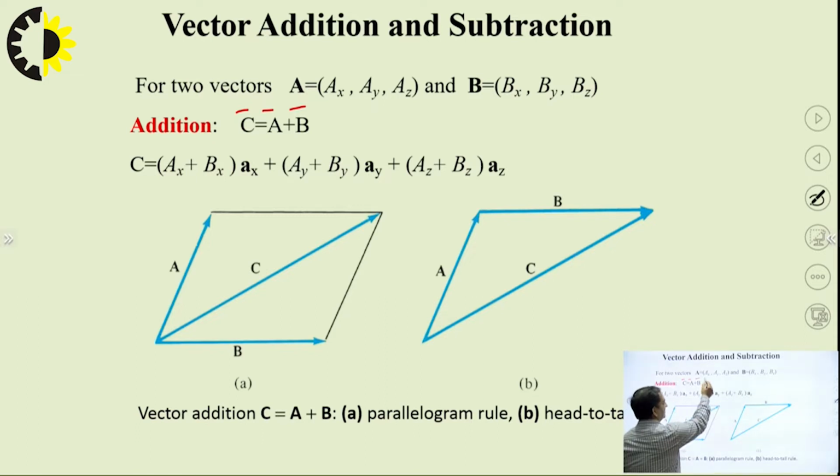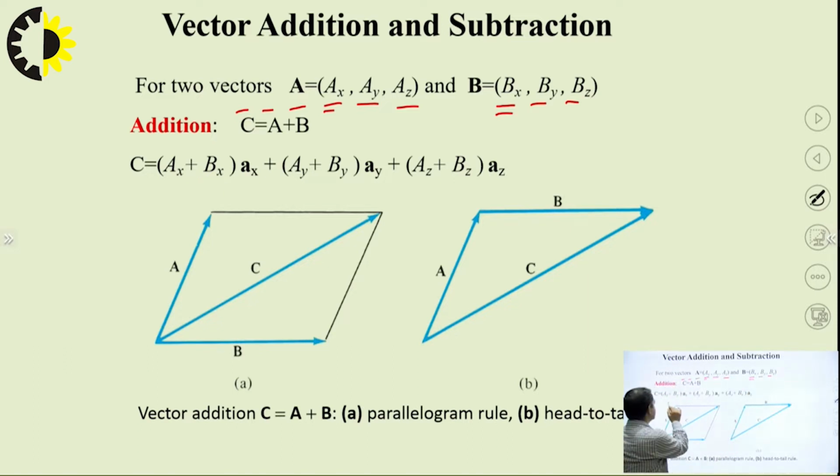Just like vector A has Ax in the direction of x, Ay in the direction of y, Az in the direction of z, similar to that, vector B comprises Bx in the direction of x, By in the direction of y, Bz in the direction of z. So, when we add these two vectors, as I said, direction wise addition will be there. So, Ax will add with Bx.